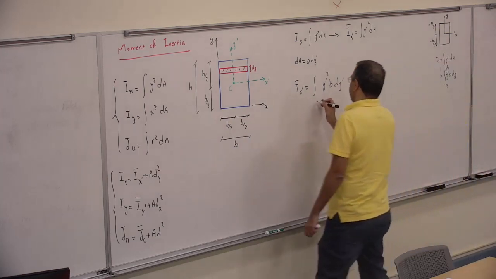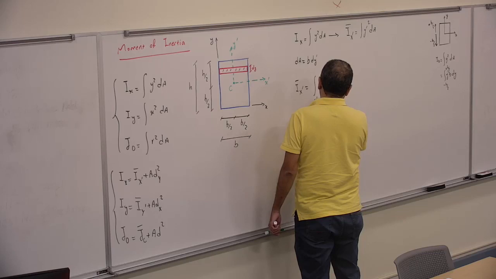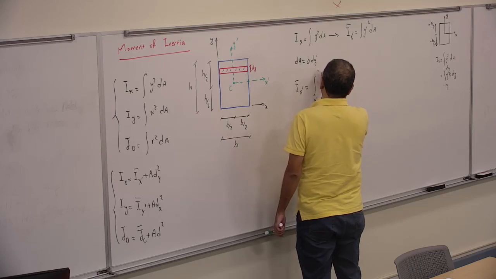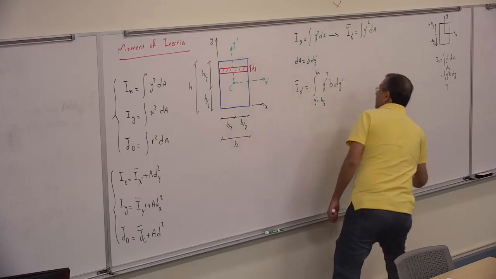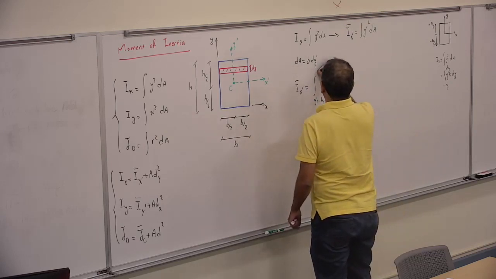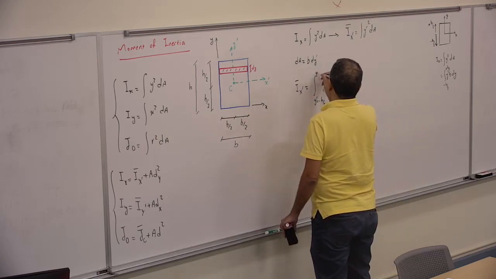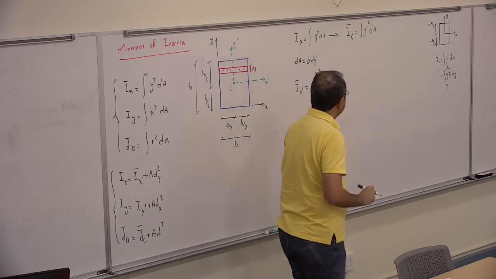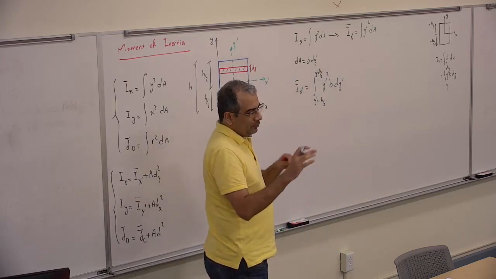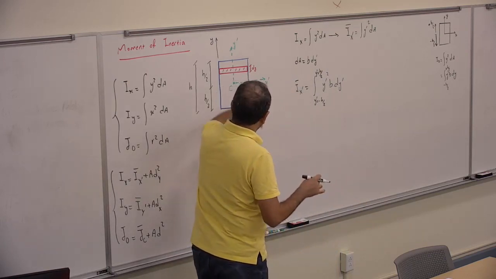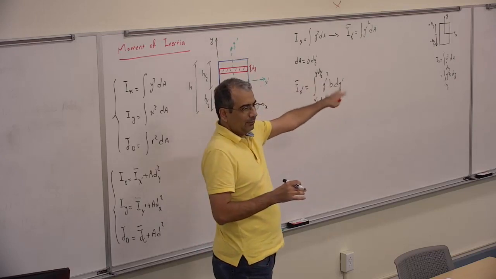So y prime is going from negative h/2 to y prime equal to h/2. If those primes make you confused, just get rid of them and do the calculation.